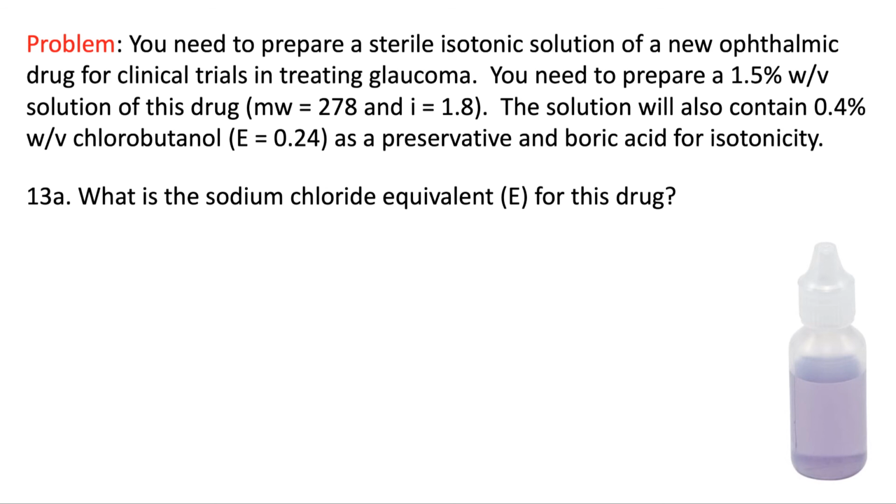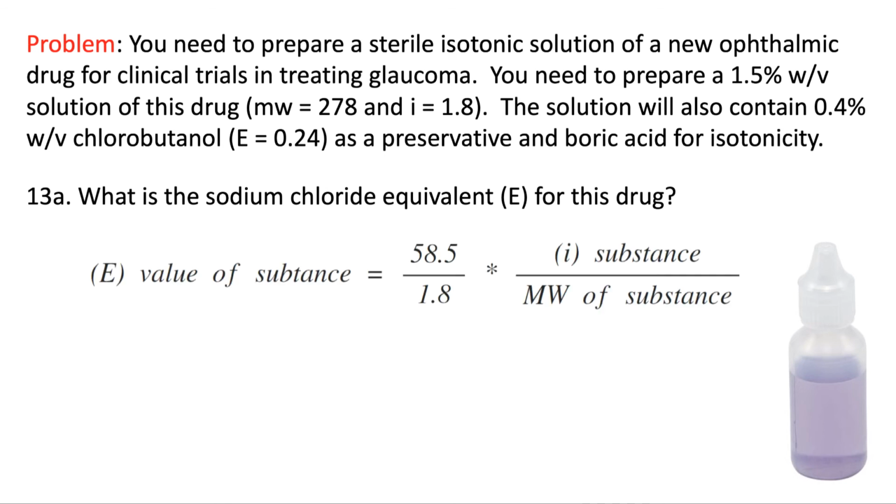Okay, first question. What is the sodium chloride equivalent for our experimental drug? Because if we're going to calculate isotonicity using the sodium chloride equivalent method, I've got it for chlorbutanol. But I was not given the value for our drug, and if you remember, you can actually calculate it, because I was given everything I need to know, which is its dissociation constant, or its I value, of 1.8.